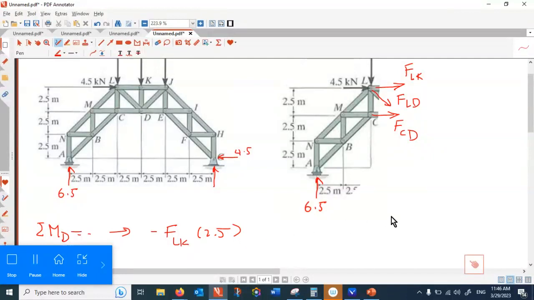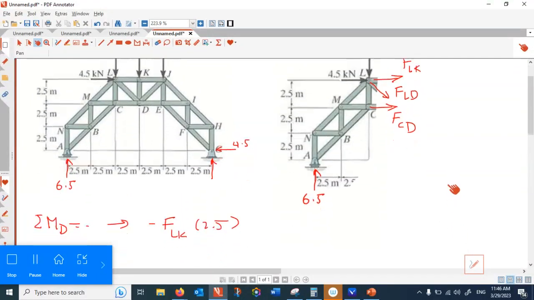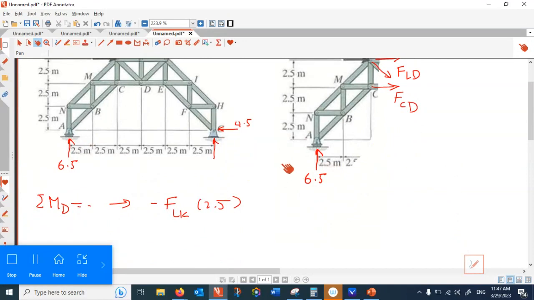And 5 kilonewton with respect to point D is a positive rotation, plus 5, and the arm of rotation is 2.5.